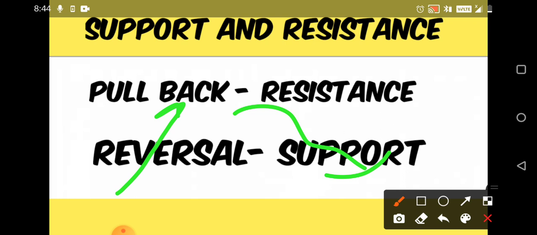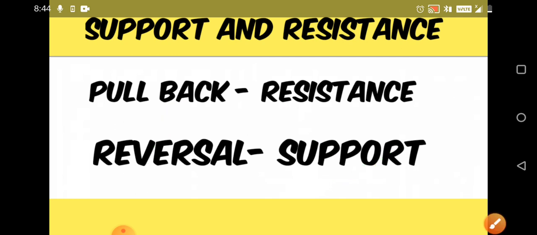I'm talking about stocks which are fundamentally strong, that is large cap companies. So there is a particular region from where a stock retraces, and in the same way there may be a particular region from where the stock reverses. That is what is called support and resistance.